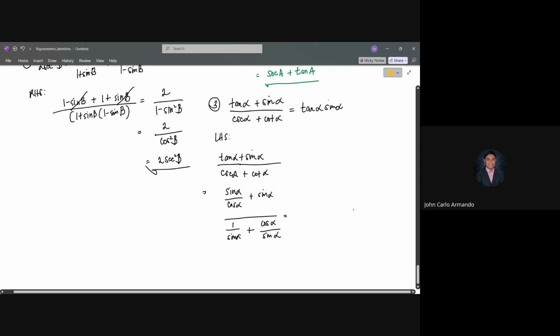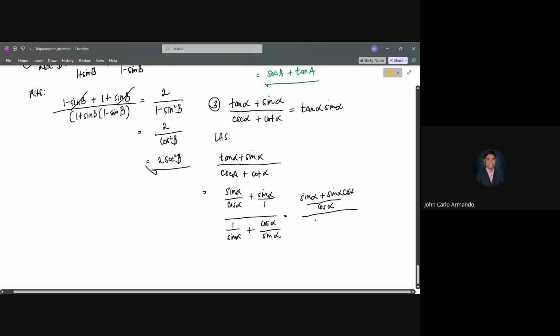And we simply combine. So this one, the denominator is cosine alpha. This, we have a 1 here. Then we simply multiply, cross, sine times 1, that's sine alpha, plus sine alpha times cos alpha. So sine alpha, cos alpha.